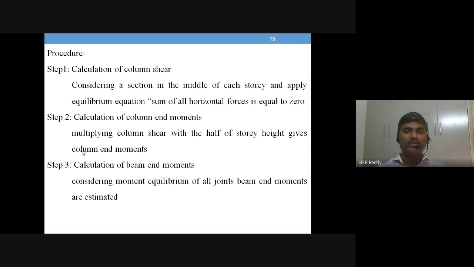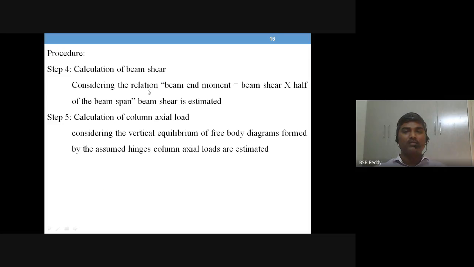That's why we start by calculating column shear first, then the column end moments, then beam end moments, then beam shear, then column axial loads, right? So this is the flow of calculation.